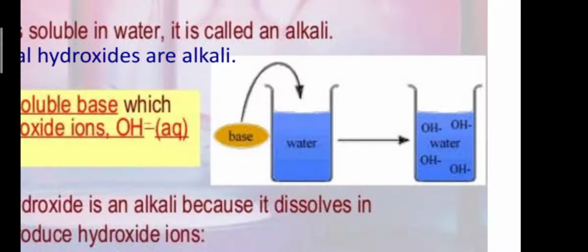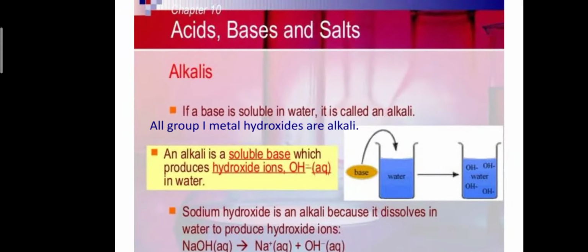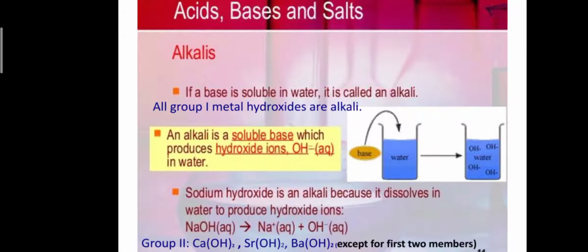That is, when the bases are added to water, they give OH- ions. These are called alkalis. Sodium hydroxide is an alkali because it dissolves in water to produce hydroxide ions. In group 2, Ca(OH)2, Sr(OH)2, and Ba(OH)2.